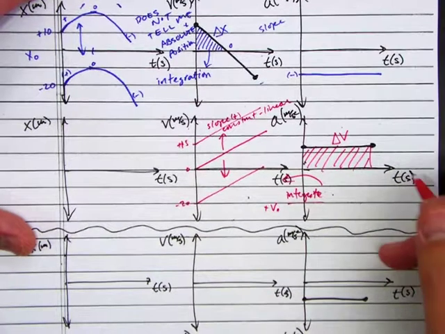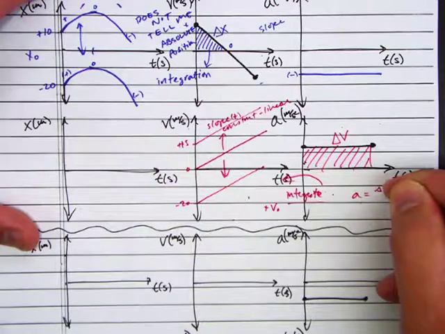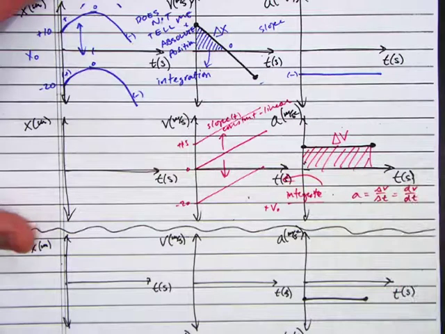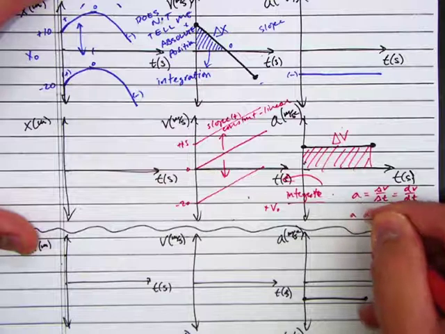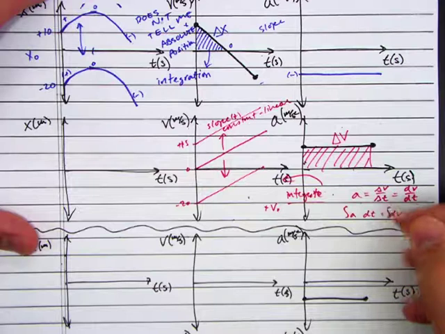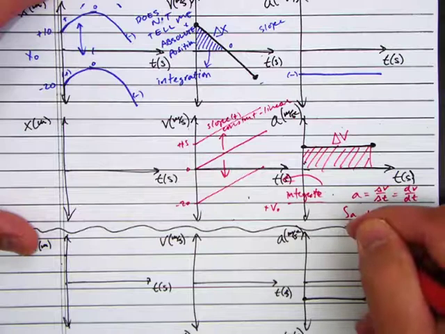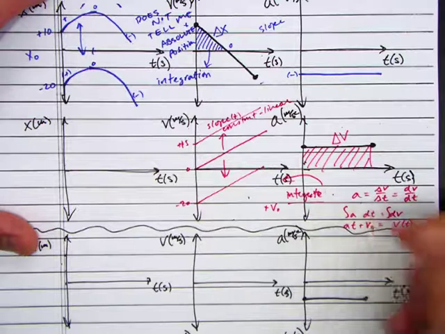If I write acceleration as change in velocity over change in time, which can also be written dv dt in calculus terms, then essentially a dt equals dv, and if I integrate both of these, I get v as a function of time is equal to a times t, because you pick up a t, plus some constant v naught.